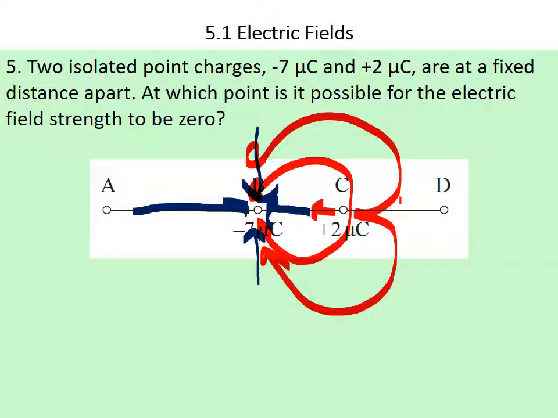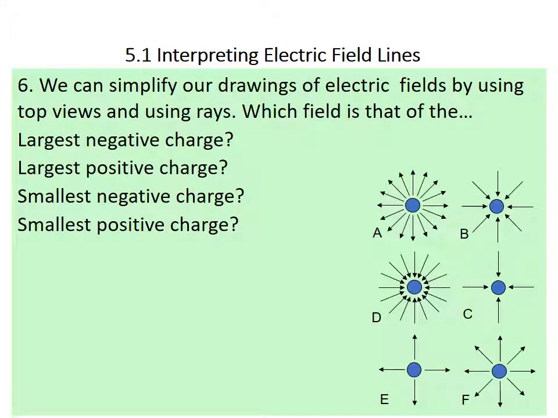And let me see. So where might the electric field strength go to 0? We can simplify our drawings of electric fields by using top views and rays.